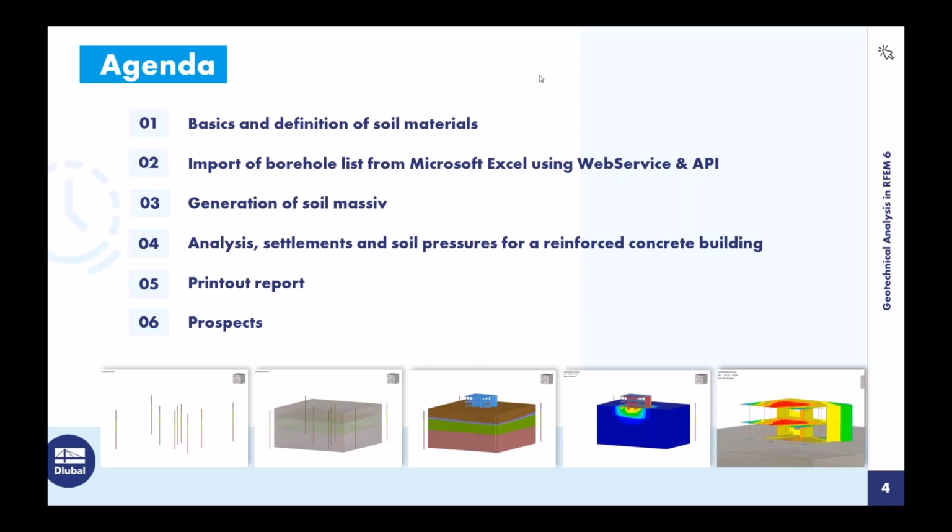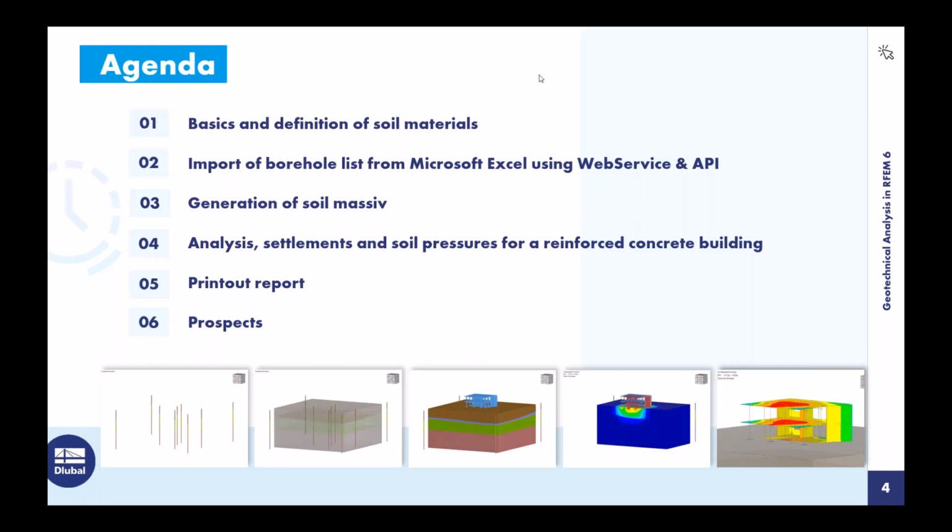After that, when we have boreholes in our model, we will generate the soil massif, the soil structure that shall be analyzed. We will have a look at the concrete building also and the loads. After that, we will have a look at the analysis. We will check the settlements and the soil pressures for the reinforced concrete building.